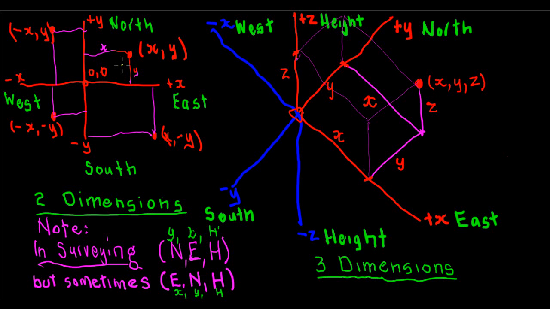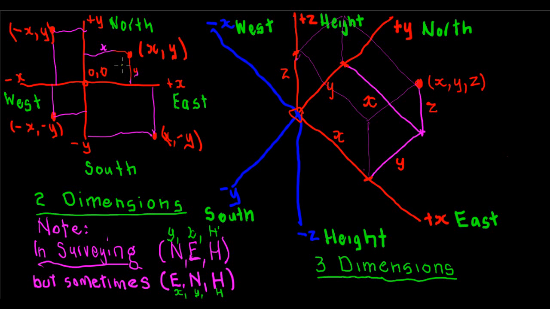But if we look at our two-dimensional xy axes and put in north, south, east and west as we know them to be, you will see that the y-coordinate is a distance north of the origin, and the x-coordinate is a distance east of the origin. So we can see quite clearly the relationship between x and east and y and north.